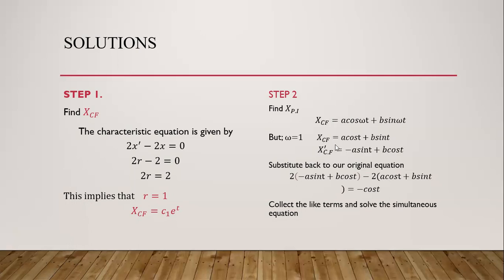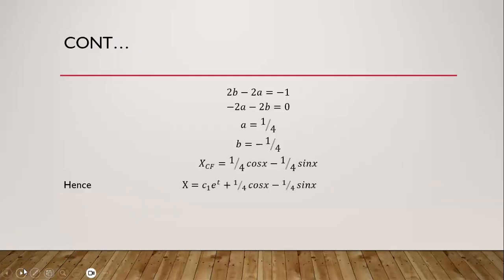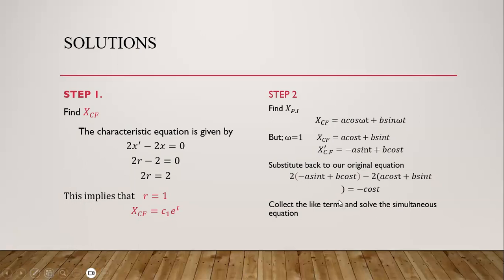And wherever we have x, we substitute with our x_p, sorry for that. So we have this equation here. We multiply and collect the like terms together. Once you've multiplied, you collect the values for sine together and the values for cos t together.